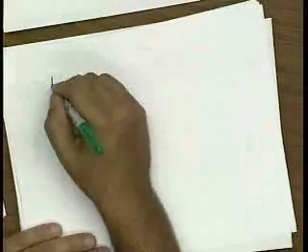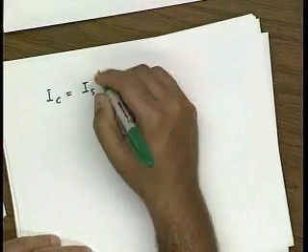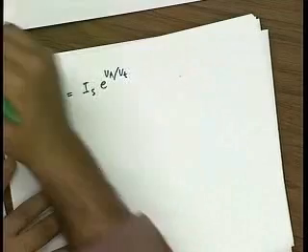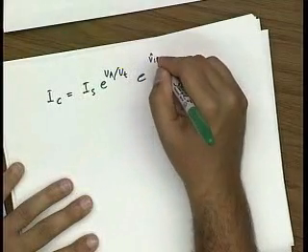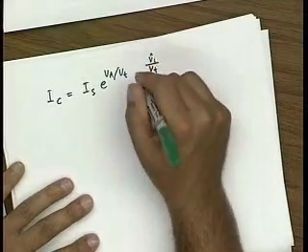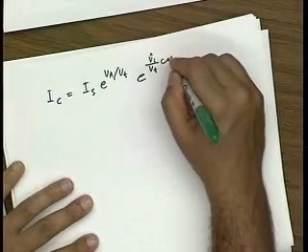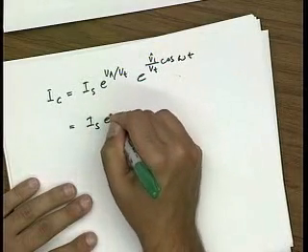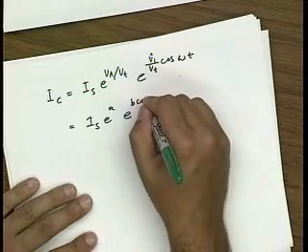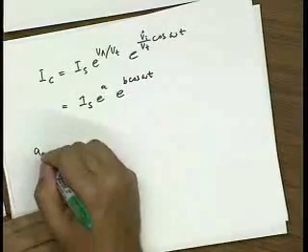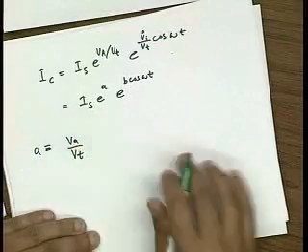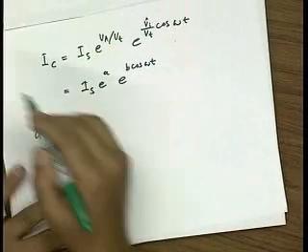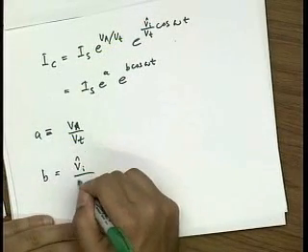Let's look at this equation. This is the bias term. Then we have a term which is the input signal normalized to Vt, which is kT over q, times cosine omega t. We can write this in normalized form, e to the a, e to the b cosine omega t, where a is the bias voltage VA divided by Vt, and b is the normalized input signal.